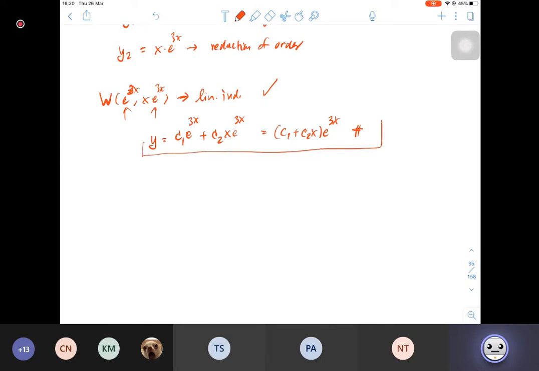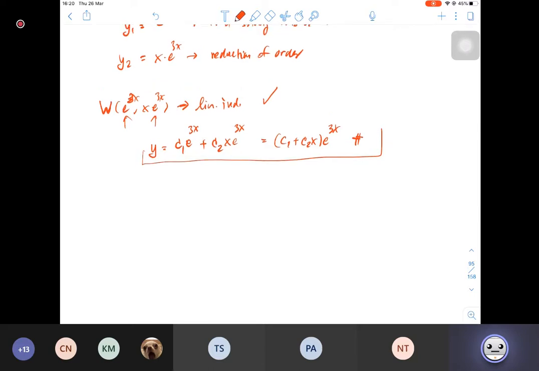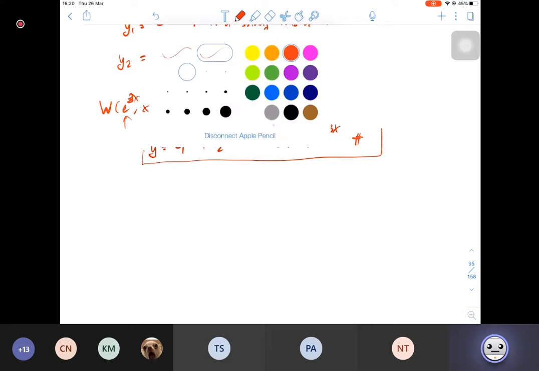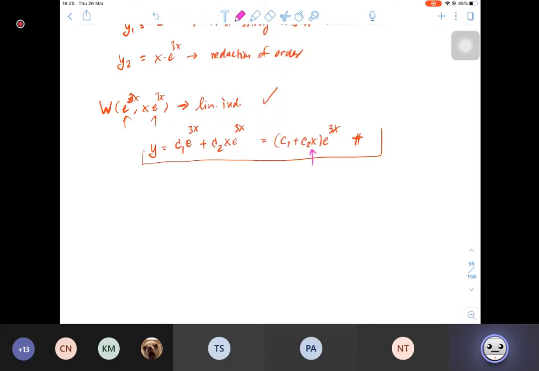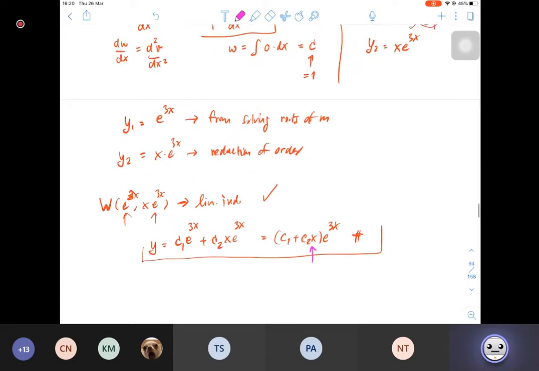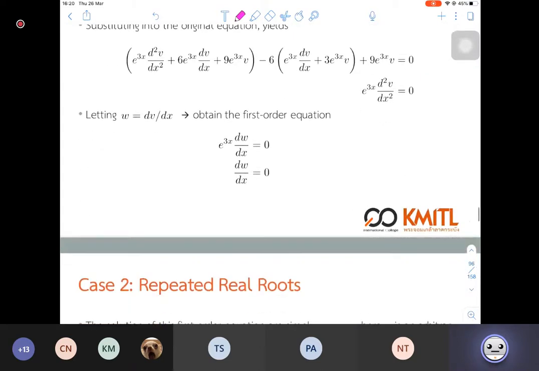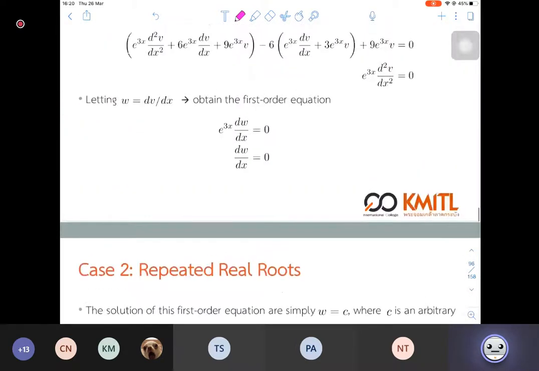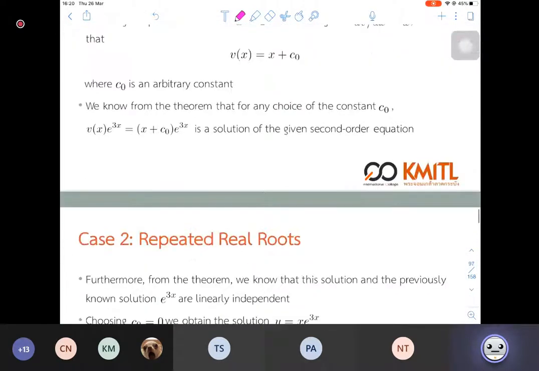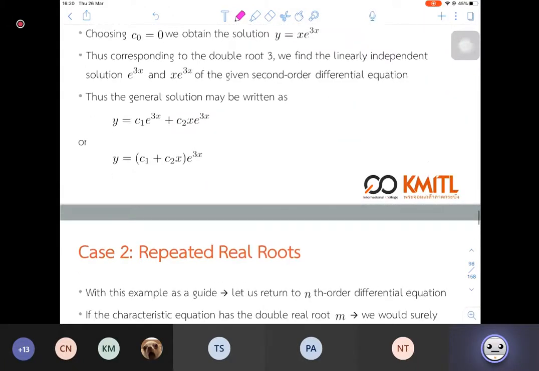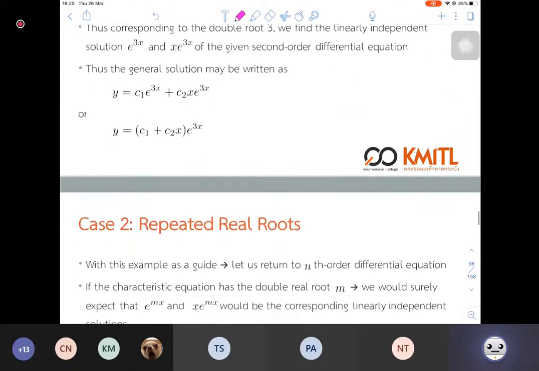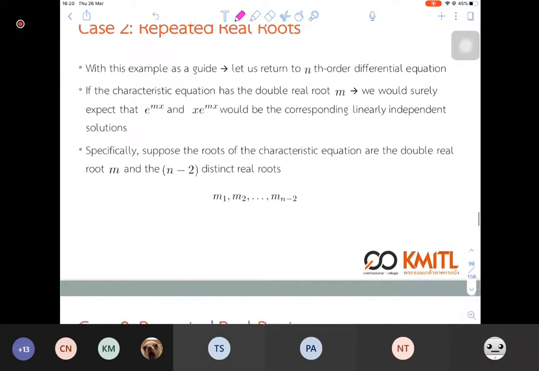Now, the general solution for the repeated root, you put one more x here. So next time you do not need to repeat this procedure, okay? There would be some theorems here. So this is what we have done. I showed you already. This we have gotten, okay?